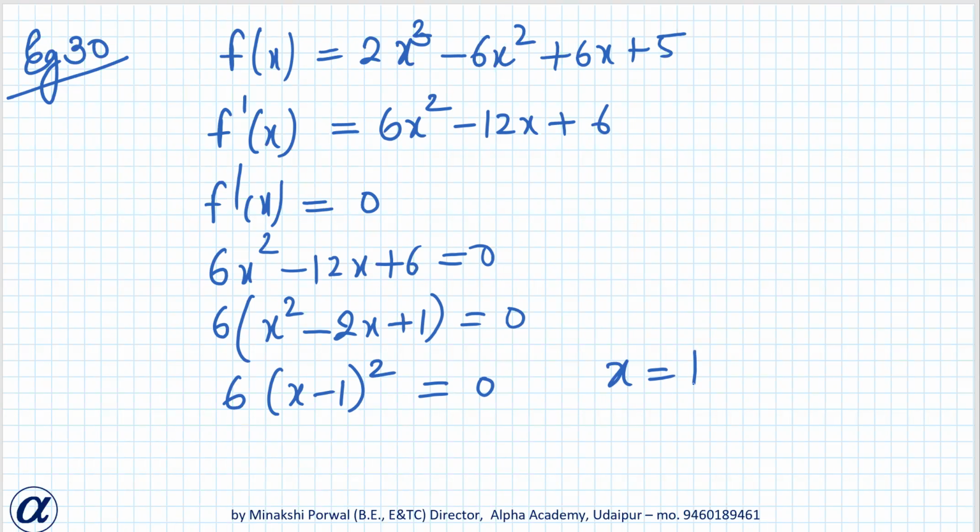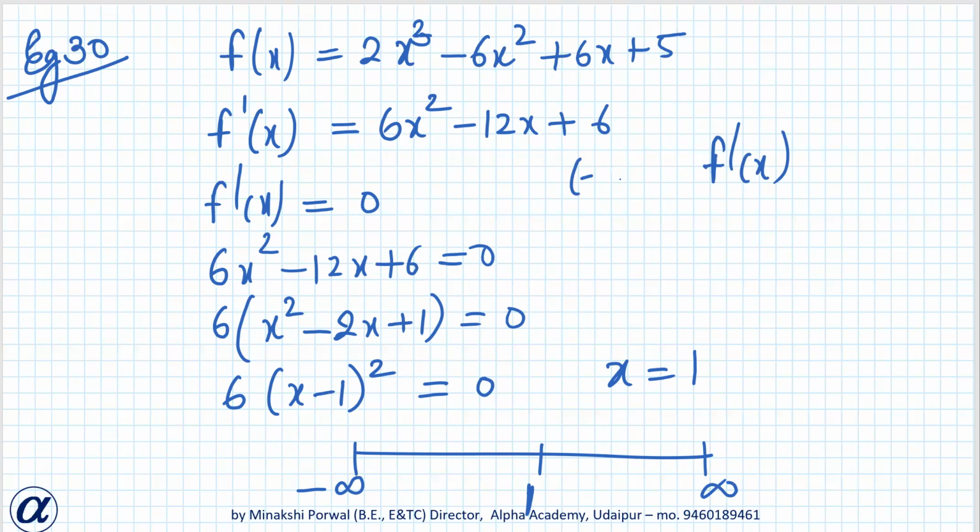Is it clear till here? X equals to 1. So basically it is minus infinity, 1, infinity. If we locate any point between minus infinity and 1 and check f dash x, suppose I am choosing 0.